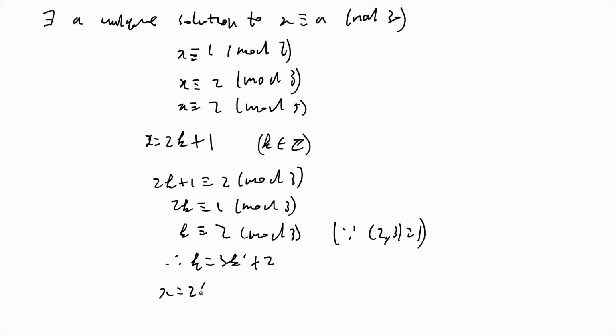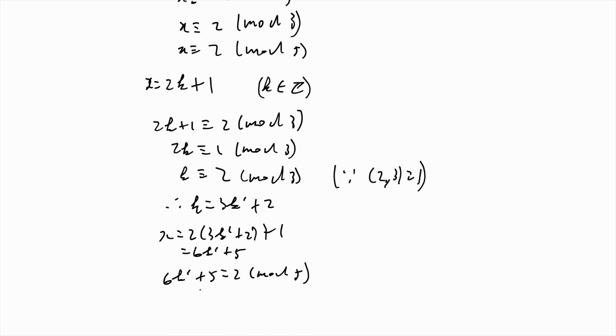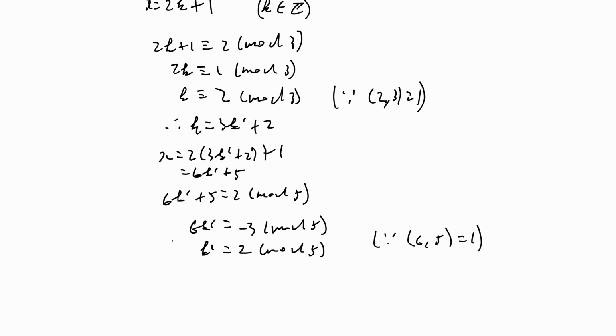So we know that x equals 2 times 3k prime plus 2, plus 1, which is 6k prime plus 5. Now we didn't use the third one yet, so we have 6k prime plus 5 congruent to 2 mod 5. So k prime is congruent to negative 3, that is 2 mod 5, and that is because 6 and 5 are relatively prime to each other.